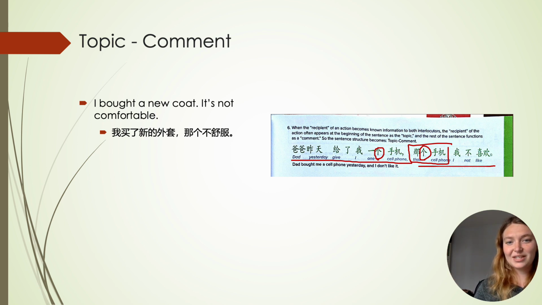You don't have to use this. Like in English, we have a comma and, right? We put things together using those conjunctions. But in Chinese, you don't. They just have a comma to separate the topic from the comment. Just one more example: I bought a new coat. It's not comfortable. We could put it into two sentences, or we could say, I bought a new coat and it's not comfortable.